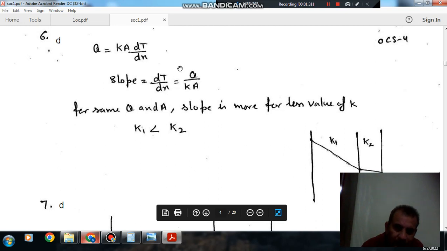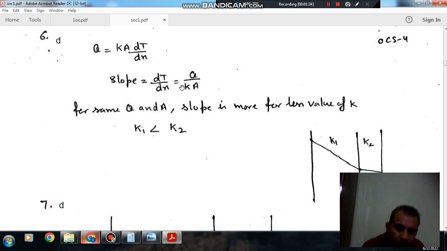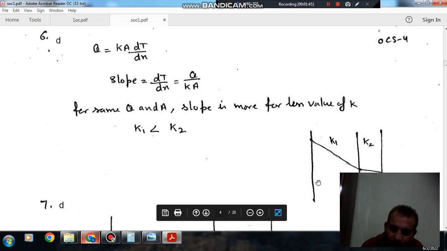So dT by dx is proportional to 1 by k. When 1 by k is more, dT by dx is more, or when k is less, dT by dx is more. So here we can see that the slope is more. This is your dx, this is your x, this is your dT, the temperature difference.